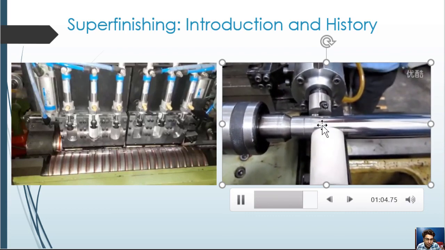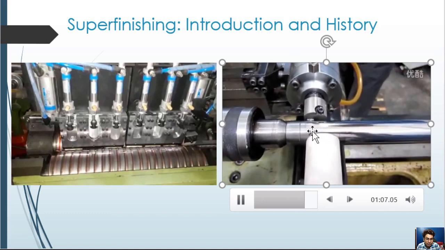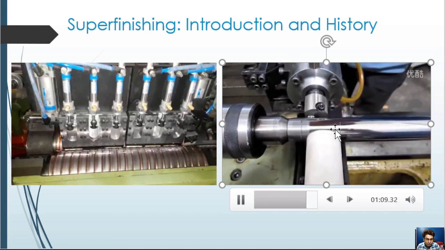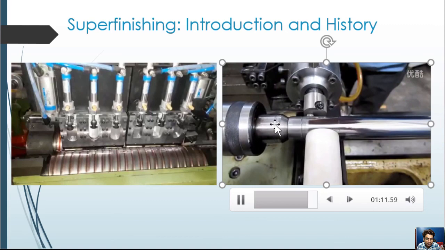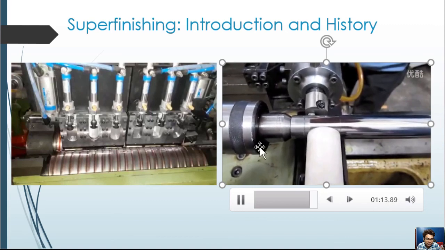You see the finished surface gradually moving to this side. The feed is in this direction.